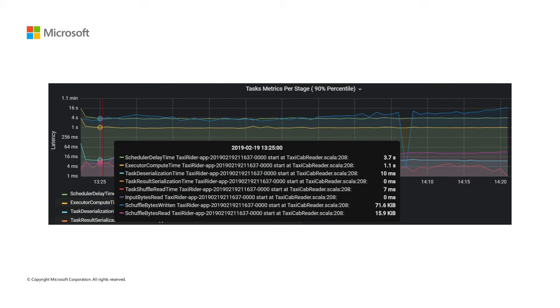But let's take a look at the portion of that task that is actually computing the average that we're pursuing with this data, and is actually enriching this data at this particular point in time. That will be this executor compute time. And if you take a look at this here, our execution time was actually just 1 second per task, right, at this particular point in time. Now, when you take a look at these numbers, the number that seems to be out of line here is this 3.7 seconds on the scheduler delay time.